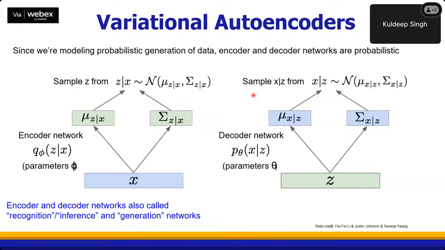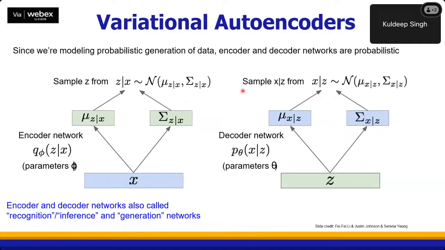So what exactly are these two networks, the encoder network and the decoder network, doing? They are basically producing distributions over Z and X, and they give us an opportunity to sample these outputs from these distributions. I hope this is clear to all of you.